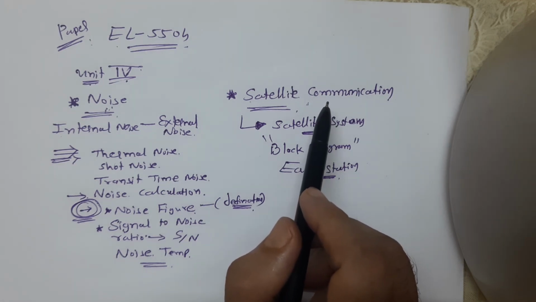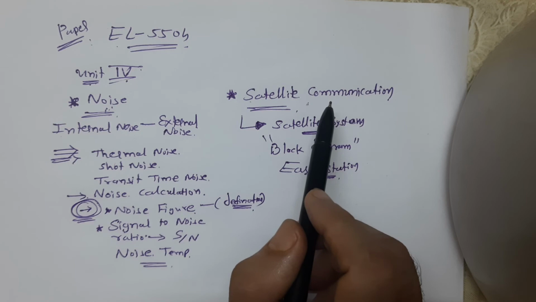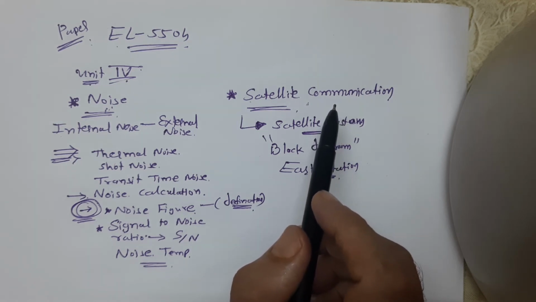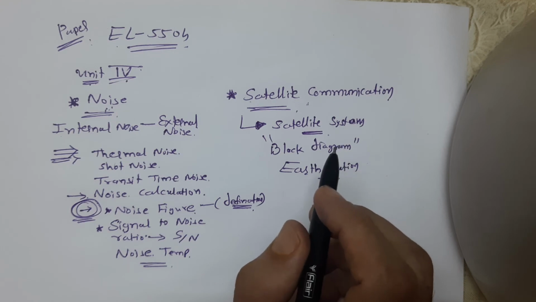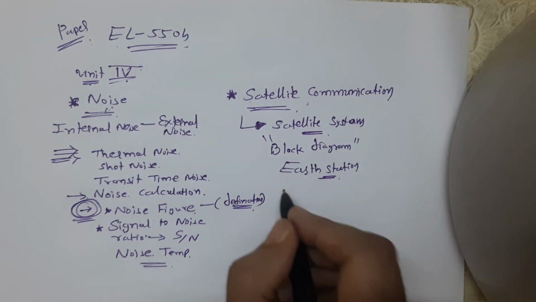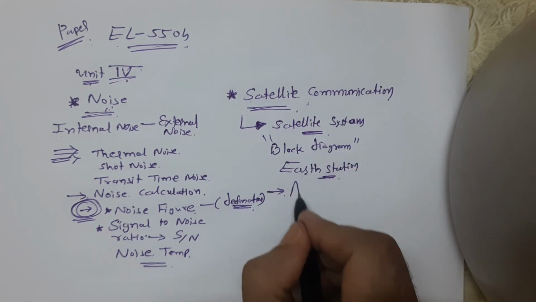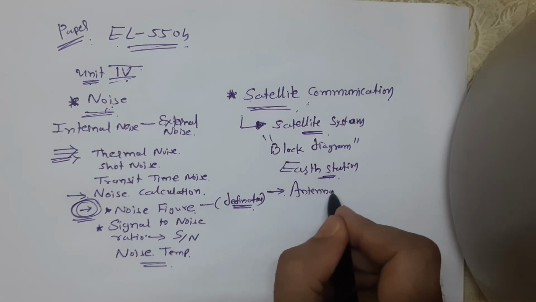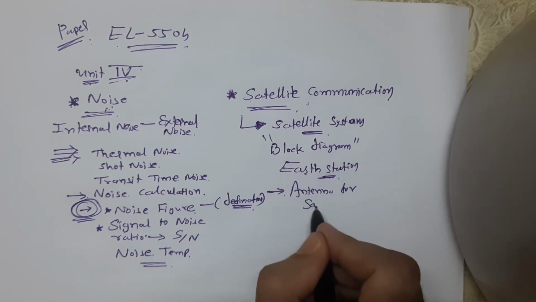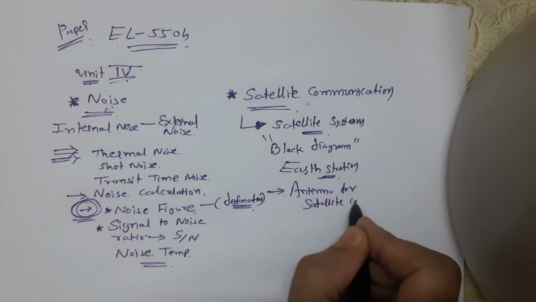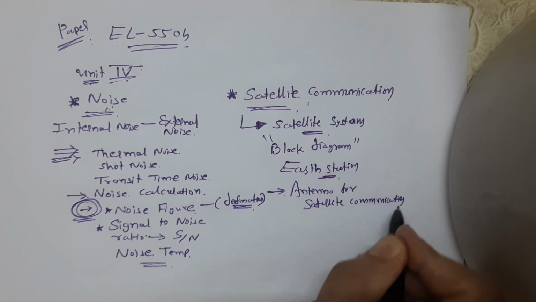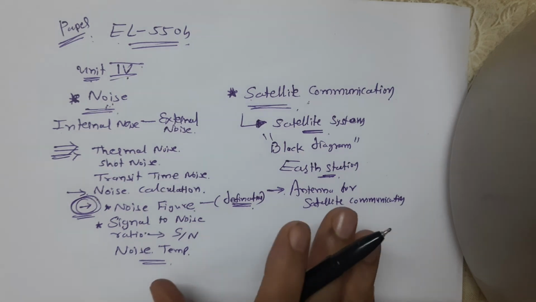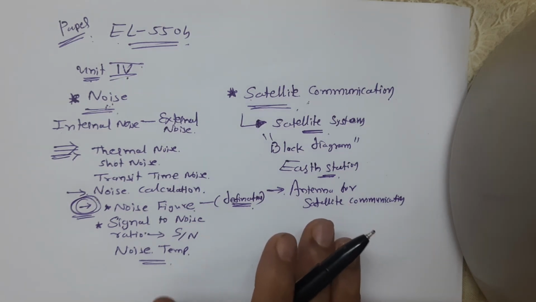Again, in satellite communication, the complete earth station we will discuss. We also discuss the antenna for satellite communication. There are different types of antenna we are using.